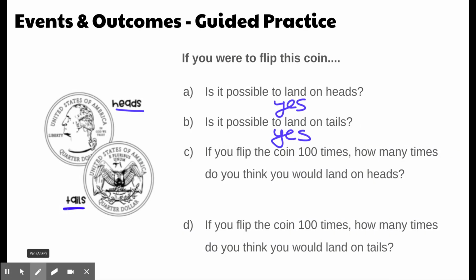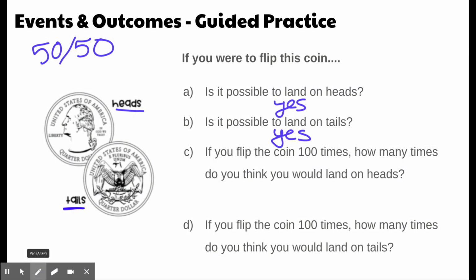If you flip the coin 100 times, how many times do you think you would land on heads? Now, for this question, think about your probability. There are only two options. So that's what we call a 50-50 chance. Because we're talking about flipping the coin 100 times, you would think that you would land on heads about 50 times, exactly half of 100.